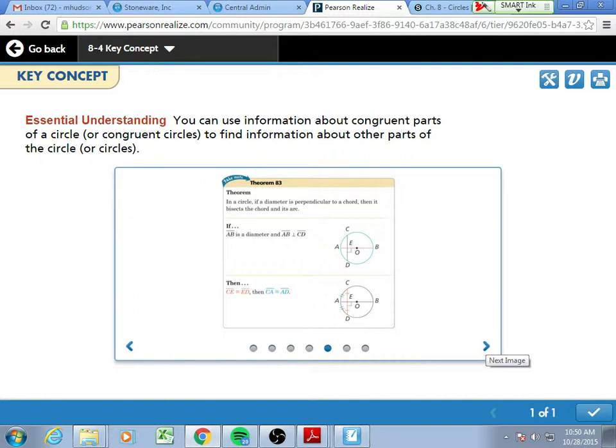So CA and AD are the same arc. If your diameter and a chord are perpendicular, and of course you can spin your diameter around wherever you want, the diameter will bisect your chord and your arcs. So once it's perpendicular, then you know it bisects.